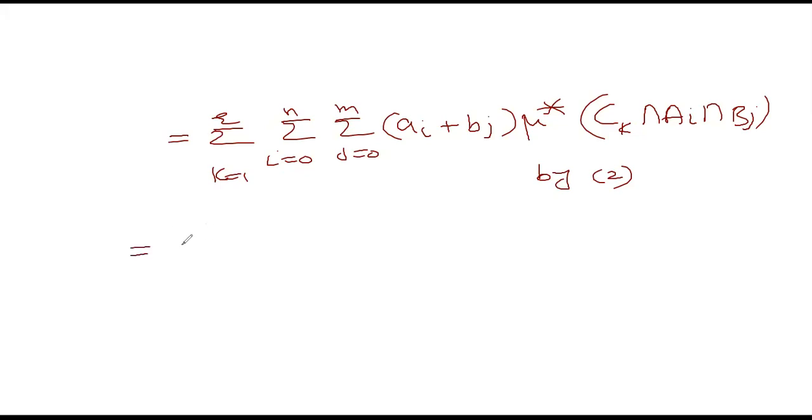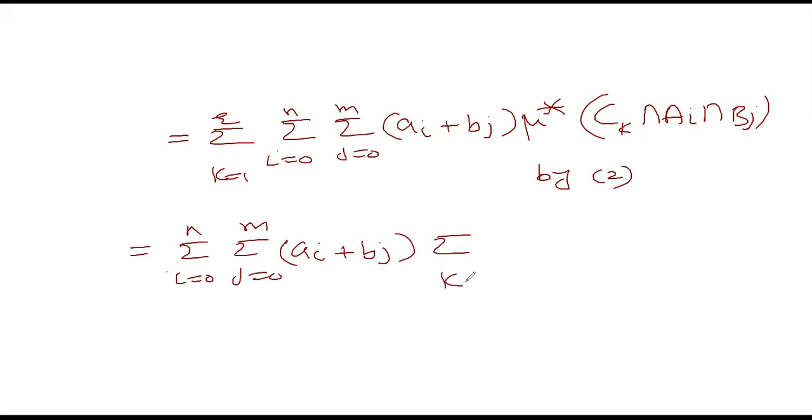It is equal to the summation i runs from 0 to n and summation j runs from 0 to m of ai plus bj times the summation k runs from 0 to r of mu star of ck intersection ai intersection bj.